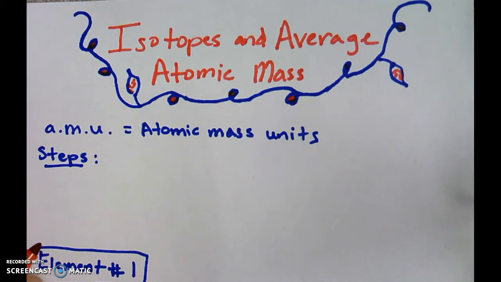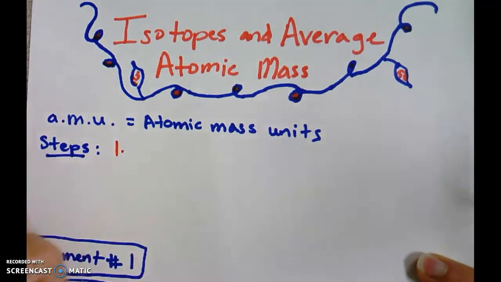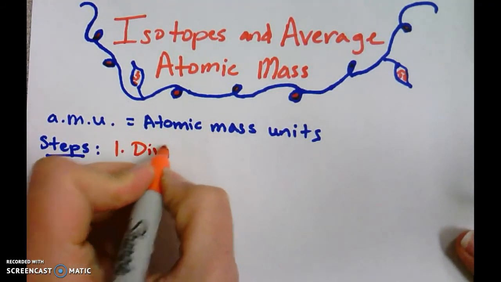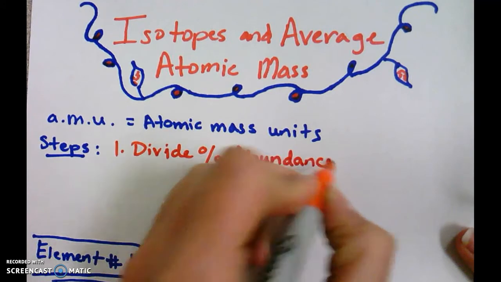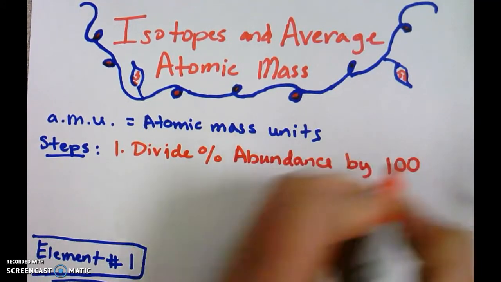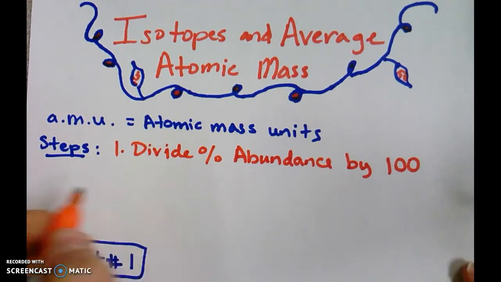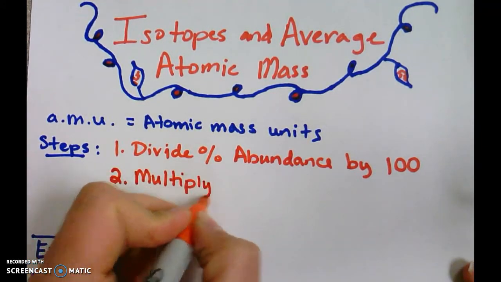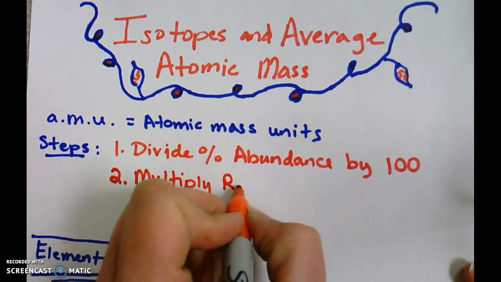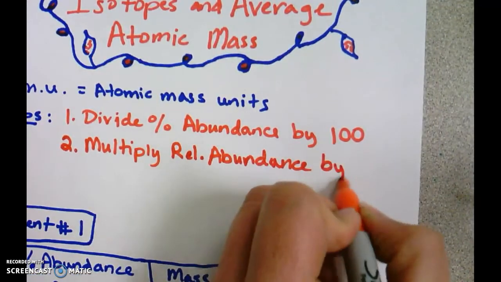And so the different steps that you would want to take for calculating your average atomic mass are, first, you want to divide percent abundance by 100, and that actually takes it from being percent abundance and makes it into a relative abundance. Second, you want to multiply your relative abundance, which you just calculated, by the mass of the isotope.